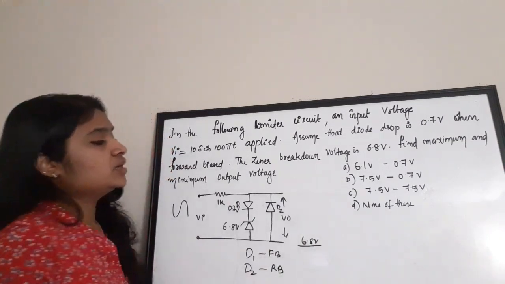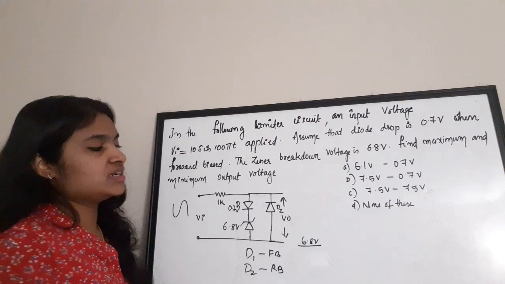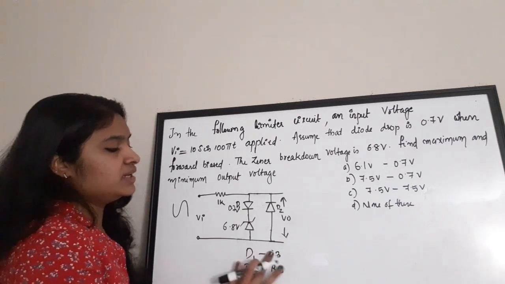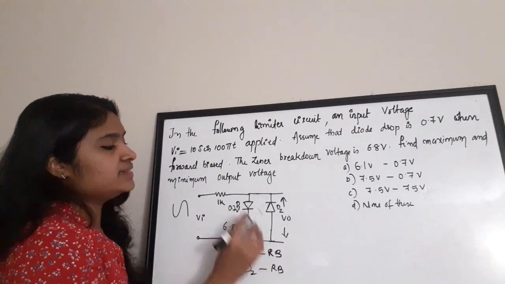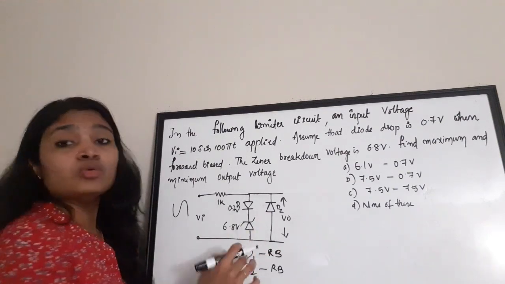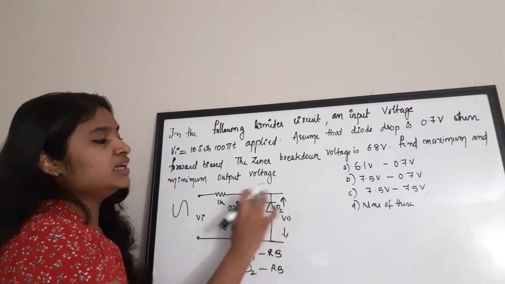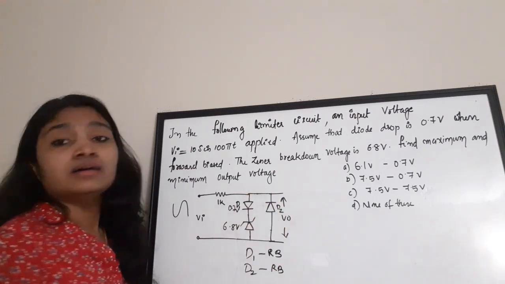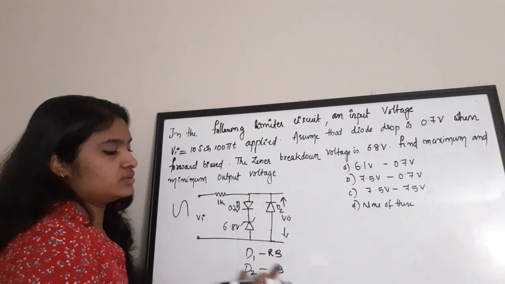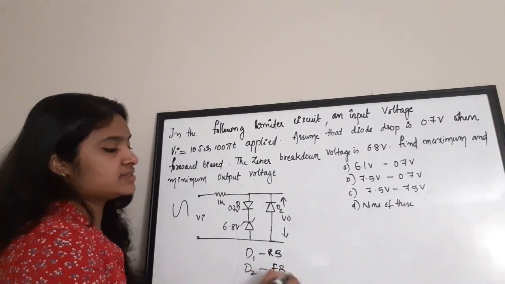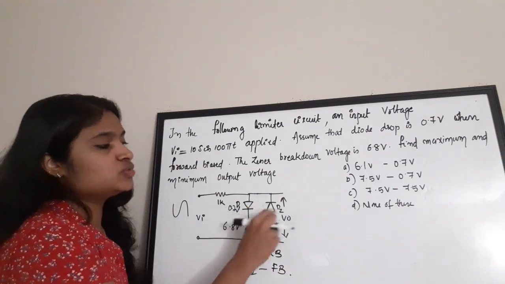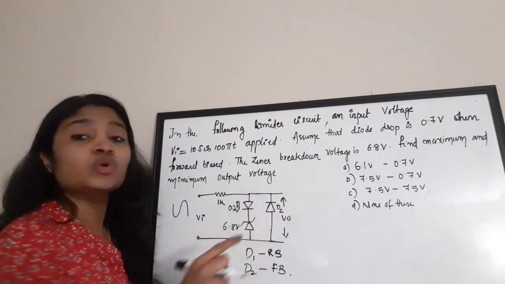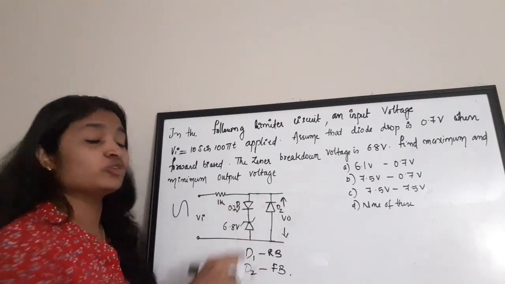Next, during the negative half cycle, what is happening? During the negative half cycle, D1 will be reverse biased and this branch will now be open, and D2 will be in the forward bias condition. D2 will act as a voltage source because it is now forward biased.